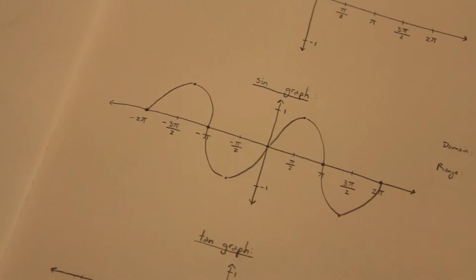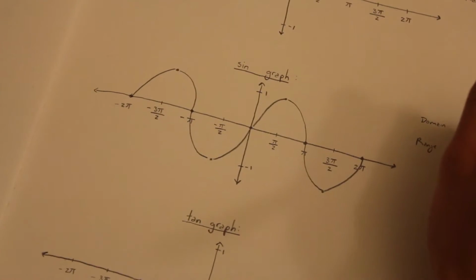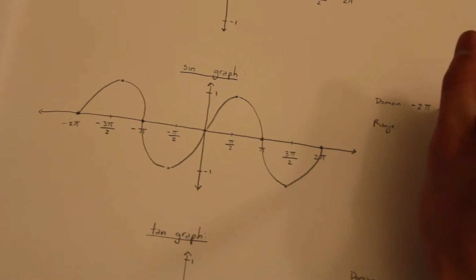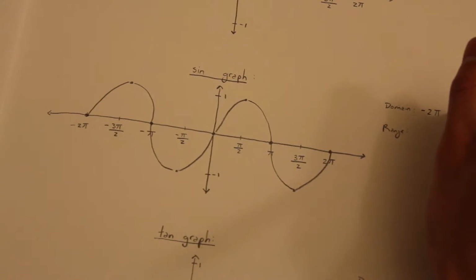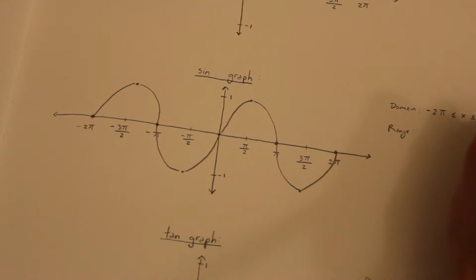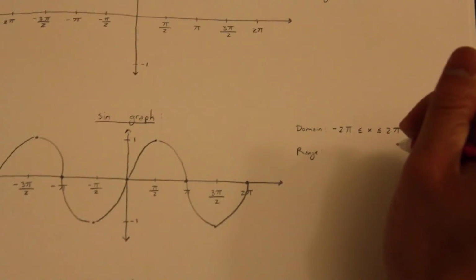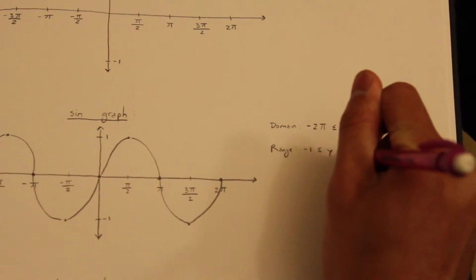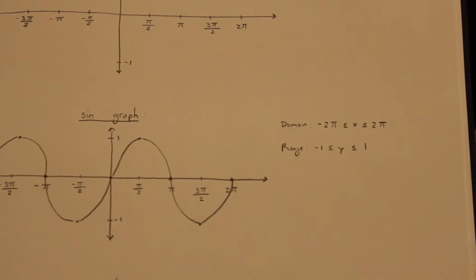From this graph, you can determine the domain to be from negative 2 pi to 2 pi. And the range is from negative 1 to 1.